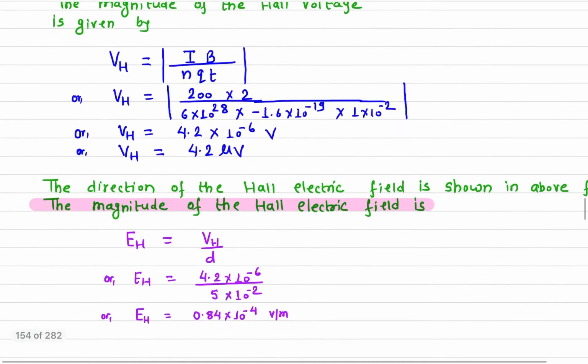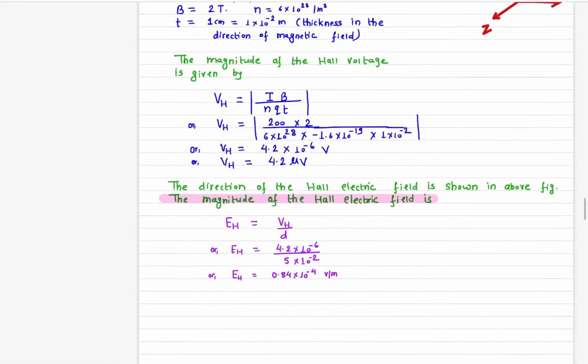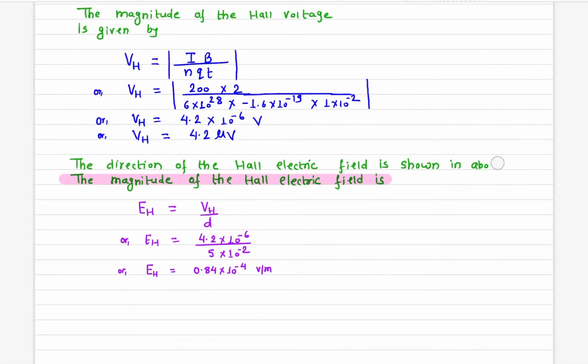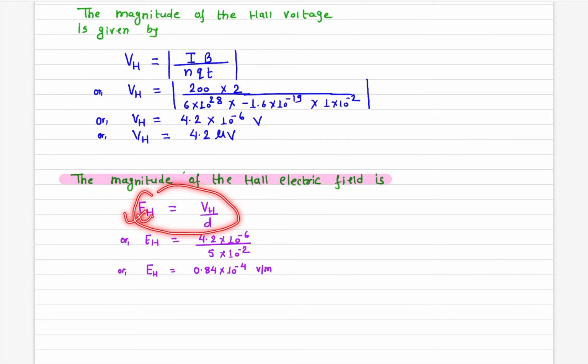Now, I haven't shown the electric field here, so let me erase this one. Now we have to find the magnitude of the electric field. The electric field E_H is the potential difference divided by the distance.